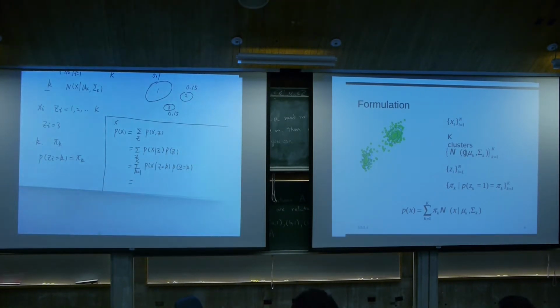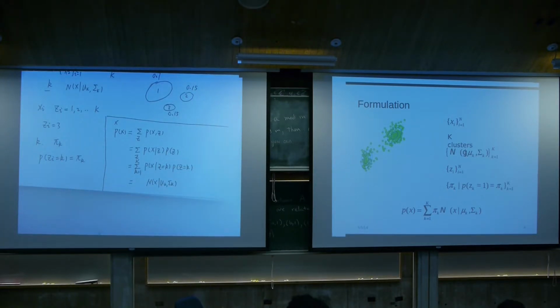According to our setup, this probability p(x | z = k) is, if I assume that x is from cluster k, the probability of observing x. This is simply the Gaussian N(x | mu_k, sigma_k).